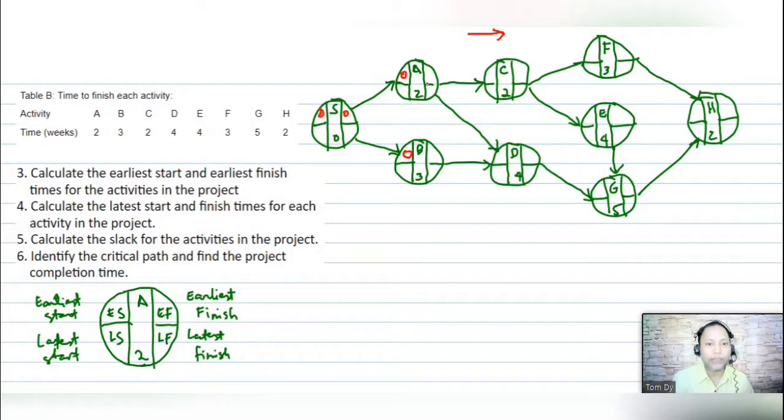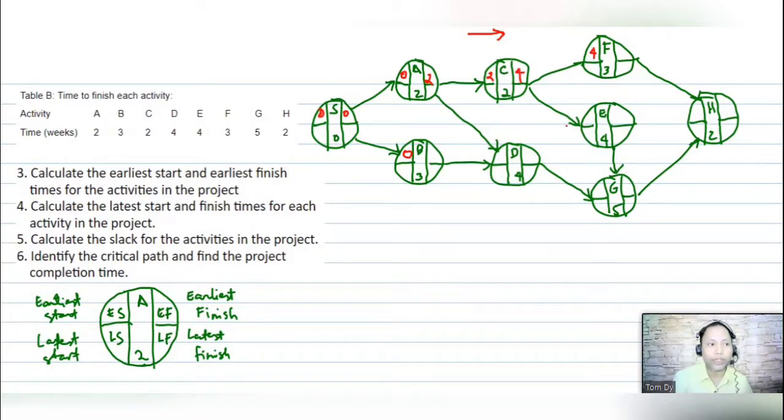Okay, 0 plus 2, that is 2. And then going to this part, we will copy 2. Whatever your value here, we just copy 2. And then 2 plus 2, that is 4. And then this 4 will be copied here.